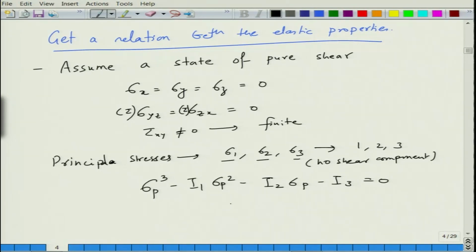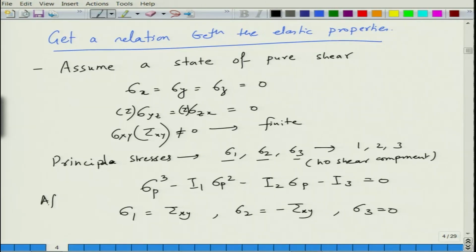So, you can calculate stress invariants by looking at the formulas for them in the previous lecture, and if you put in these values of sigma x, sigma y, sigma z, sigma yz, sigma zx and tau xy or sigma xy in them, then we will find that sigma 1 will be equal to tau xy, sigma 2 will be equal to minus tau xy, and sigma 3 will be equal to 0.